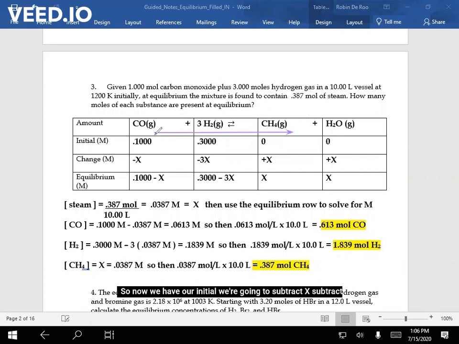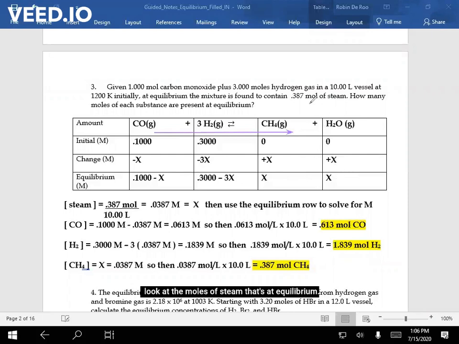So now we have our initial. We're going to subtract x, subtract 3x because of this 3. We're gaining, so we add plus x. So now we have our directions. So 0.100 minus x, 0.300 minus 3x, x, and x.